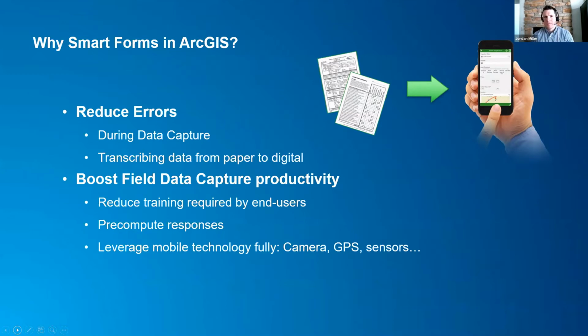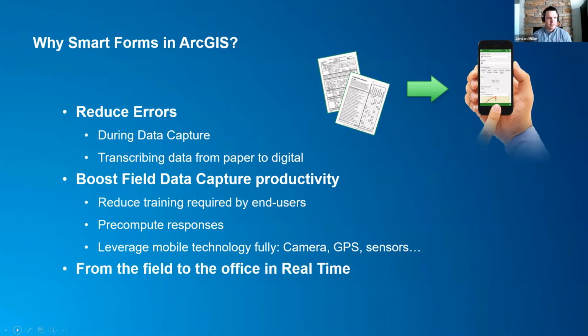If there are spelling issues, or getting that data back into a digital format, all those things take time. So this allows the person out in the field to take care of things quicker, cut down on some training, and fully take advantage of these things we all have in our pockets these days, which is basically just a computer. With an altimeter, a camera, all these different sensors that we can take advantage of and leverage within Survey123. So it makes a lot of sense.